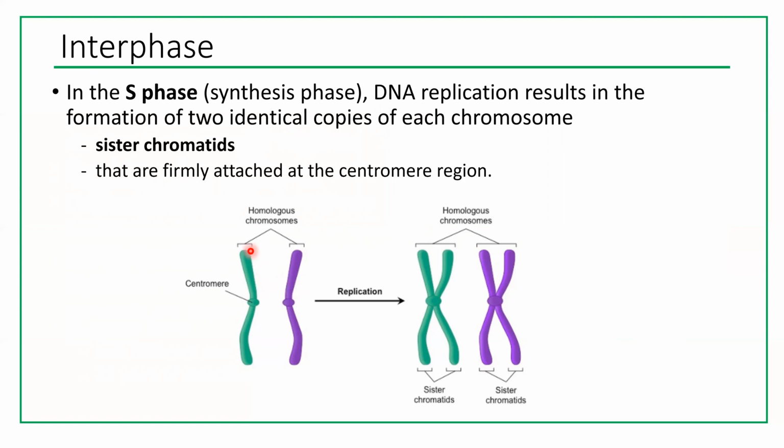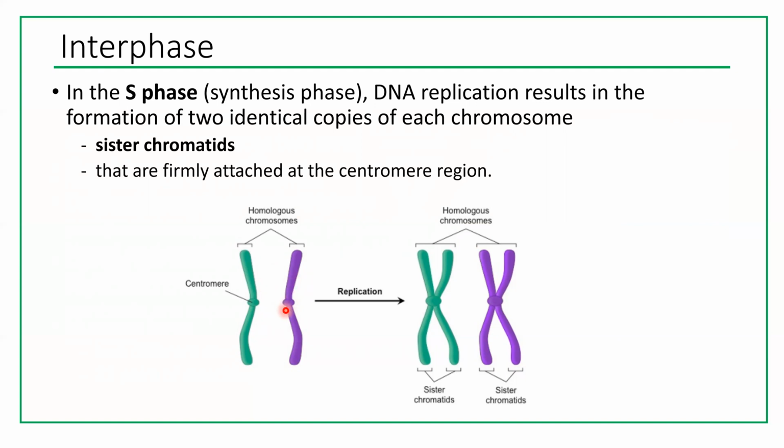That means they have the same shape, same size, centromere located in the same area, and they carry the same genes, right? But one you get from one parent and one from the other parent. One from mom, one from dad, right?